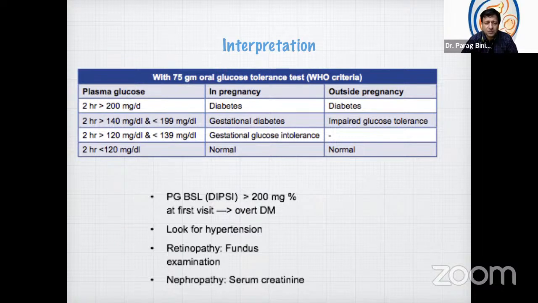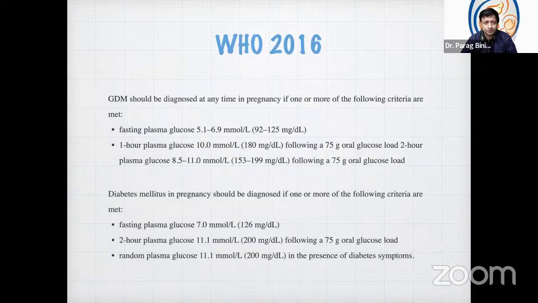So for these women, we really have to be vigilant because these are the ones who will develop hypertension at a later date. Retinopathy is pretty common, so a fundus examination is extremely important. And these women are more prone to nephropathies, so monitoring kidney function tests is of great value.